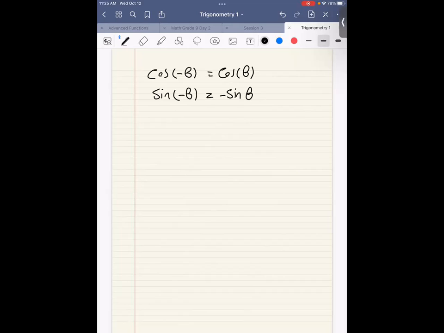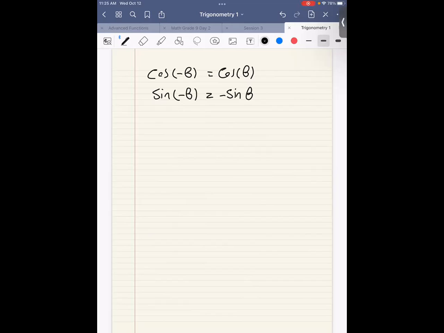Okay, so here are two important properties in terms of functions, because you can imagine cosine and sine as functions of theta. As functions of theta, cosine and sine are even and odd, respectively.